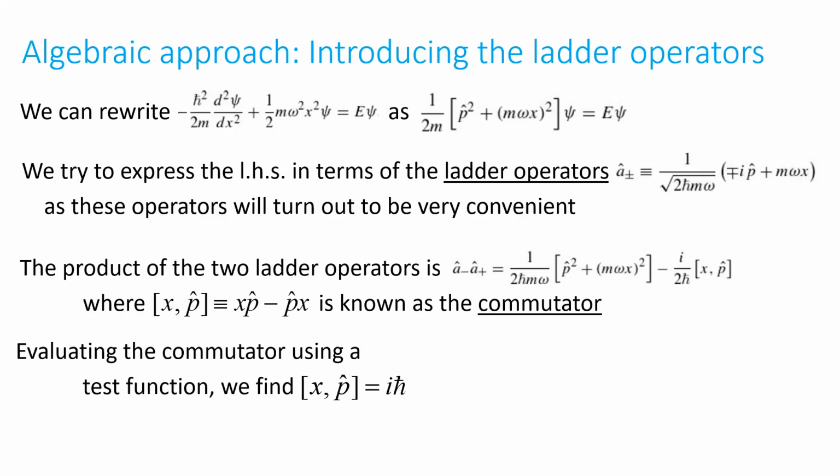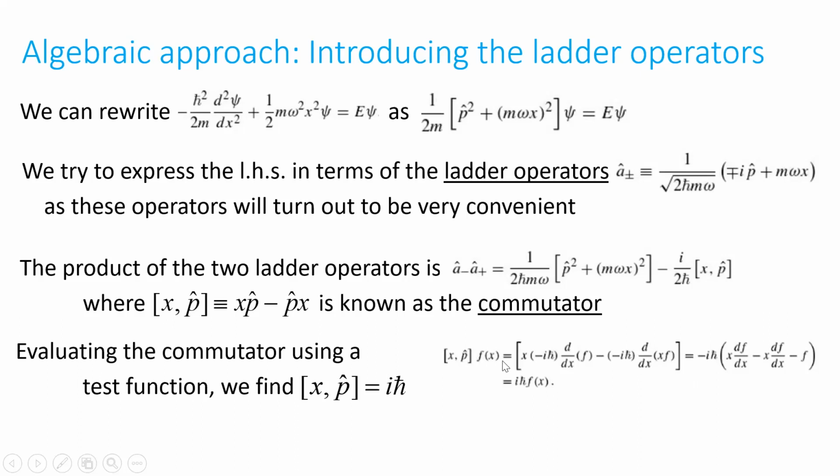So what is it and how do we evaluate it? We evaluate the commutator using a test function. And the result, which I'll show you the steps of in just a second, is that the commutator is pretty simple. It's just i times h bar. So we use a test function f, a function of x.